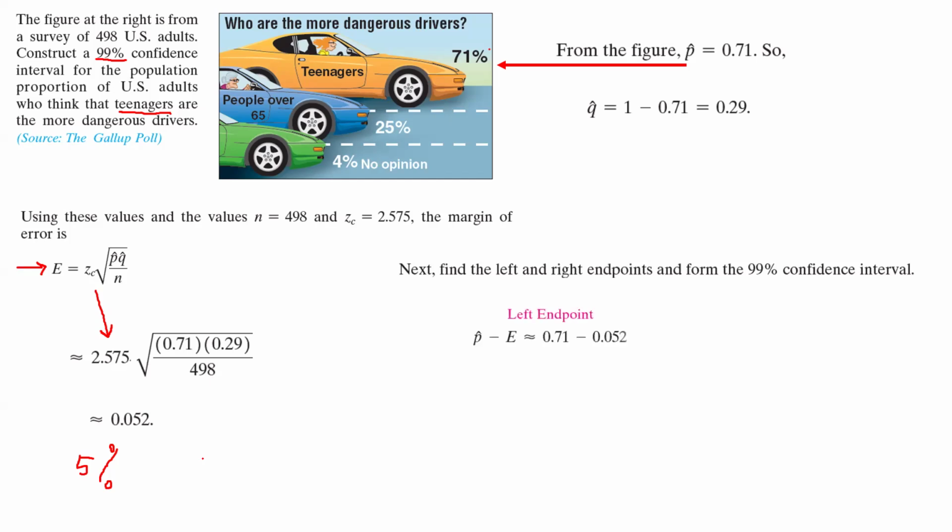Next, we need to find the left and right endpoint for the 99% confidence interval. For the left endpoint, you have P hat minus E, which is approximately 71% minus this distance that you found, 5%. And on the right-hand side, you have P hat plus E, which is approximately 71% plus 0.05, which is just 5%.